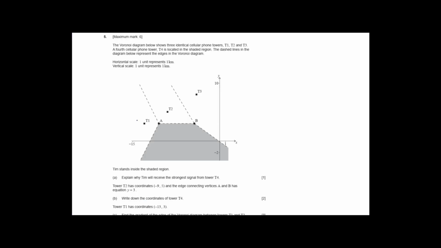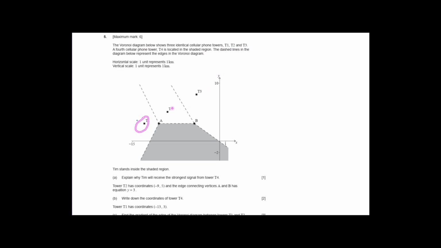This is fine. Next question is everyone's favourite, these Voronoi diagrams, and IB loves these things for some reason. So we'll just read through it. So the Voronoi diagram, T1, T2 and T3 are cell phone towers.